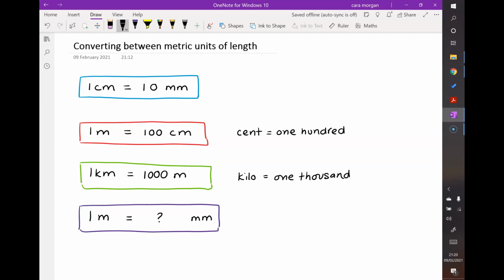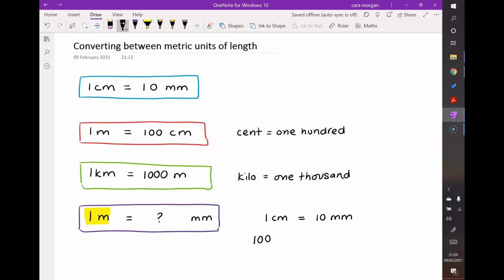Okay, so if I'm thinking about millimetres, I think about what I know about millimetres and centimetres. Well, I know that in 1 centimetre, I have 10 millimetres. And if I'm thinking about 1 metre, well, I know that's the same as 100 centimetres.